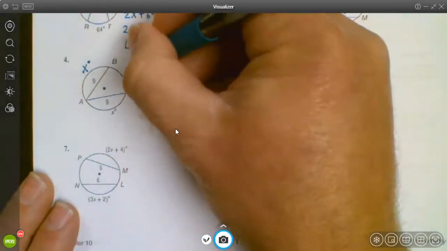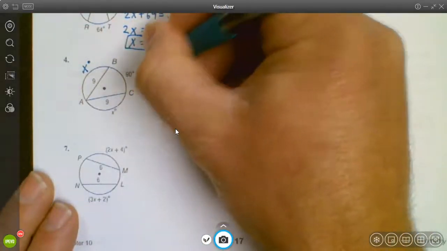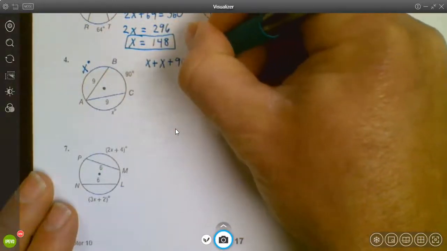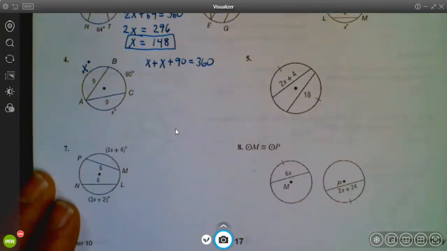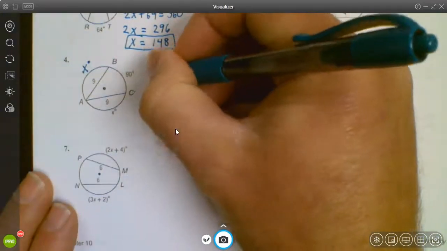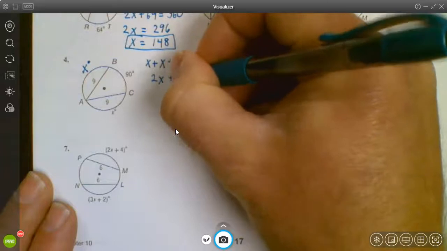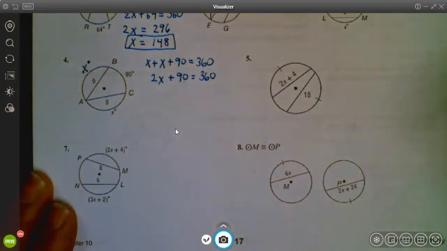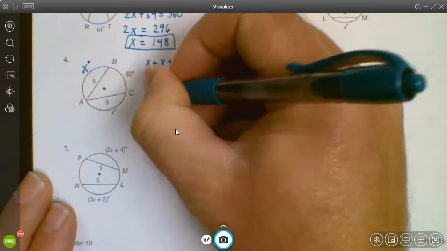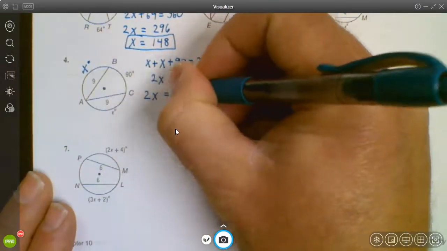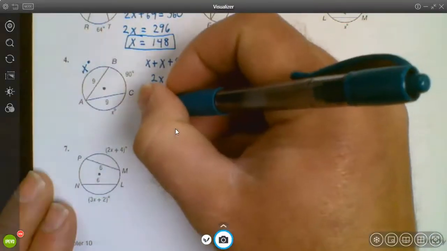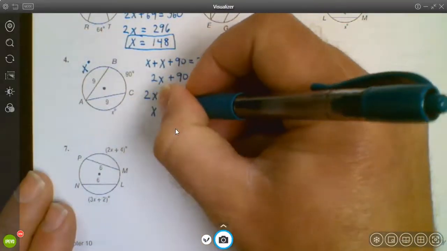So we can say that x plus x plus 90 equals 360. So basic algebra, x plus x is 2x. Subtract 90 from both sides. Divide both sides by 2. And we should get x is 135.